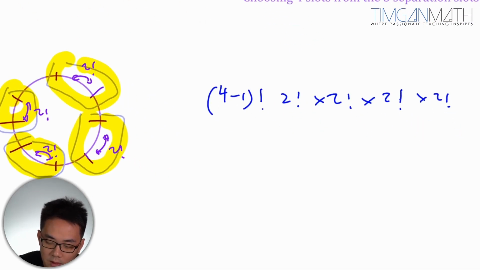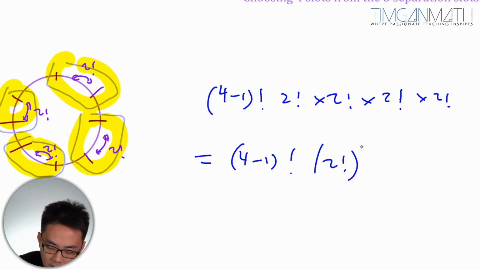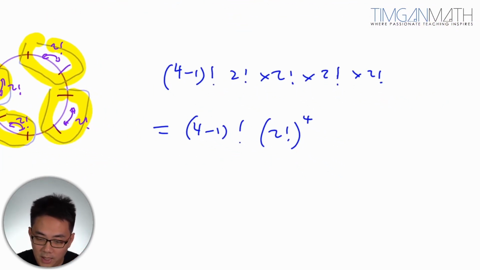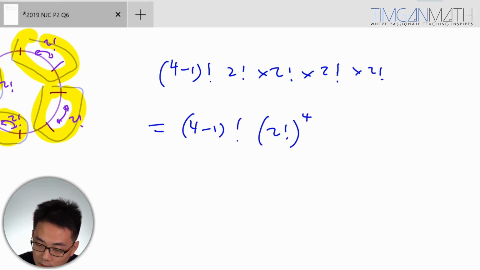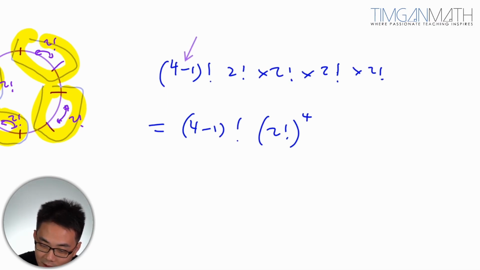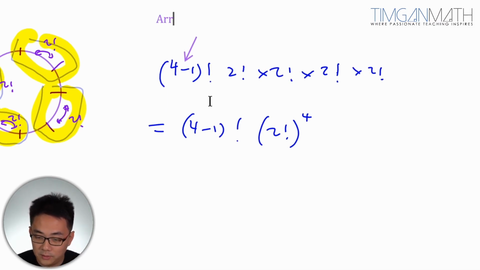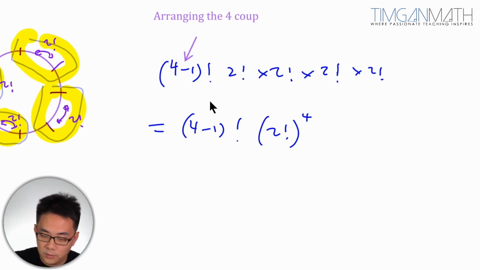Sometimes we write it as 4 minus 1 factorial times 2 factorial to the power of 4, because we have 4 couples. So maybe I'll just write it down here for you. This will be arranging the 4 couple groups.